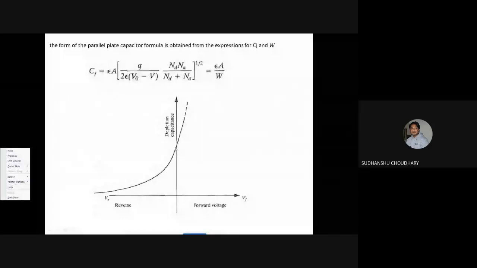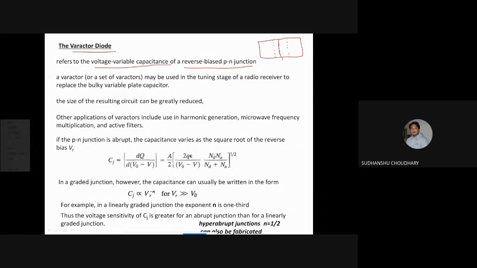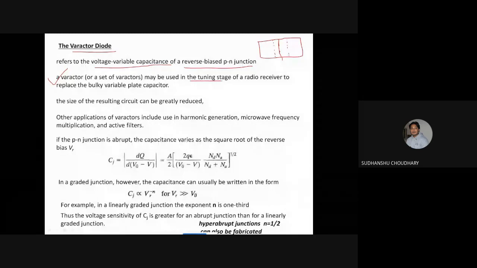This voltage variable capacitance is also called the varactor effect, and the diodes which are used as voltage variable capacitances in reverse bias mode are called varactor diodes. The application of varactor diodes could be that a set of varactor diodes can be used in the tuning stage of a radio receiver.